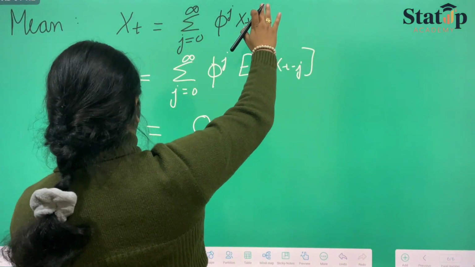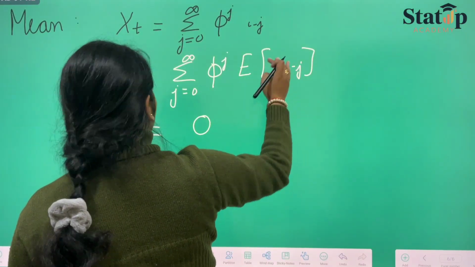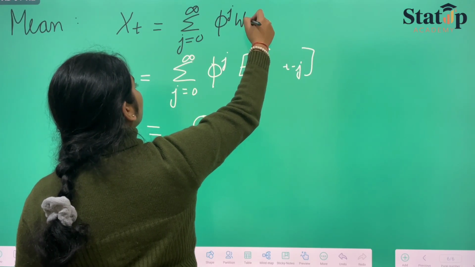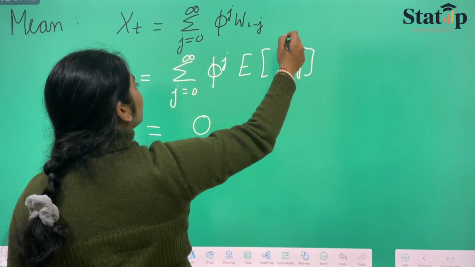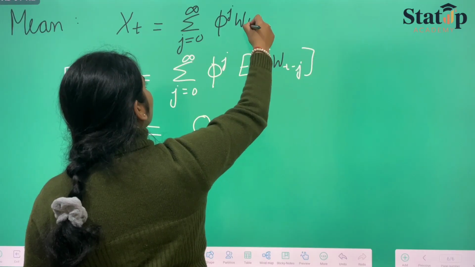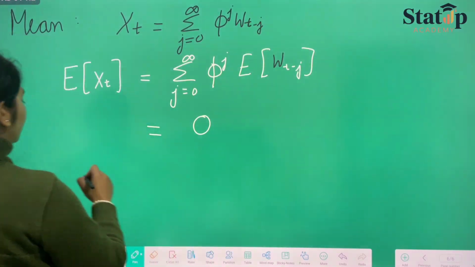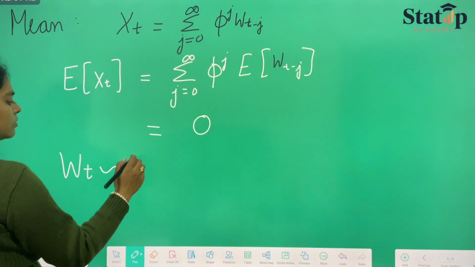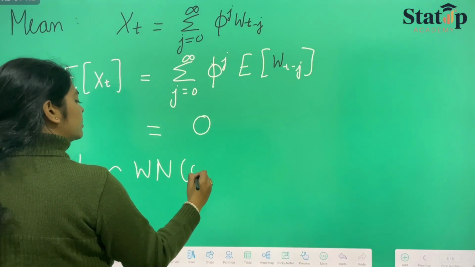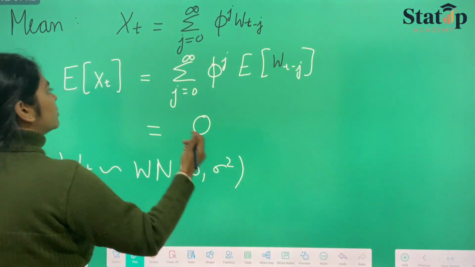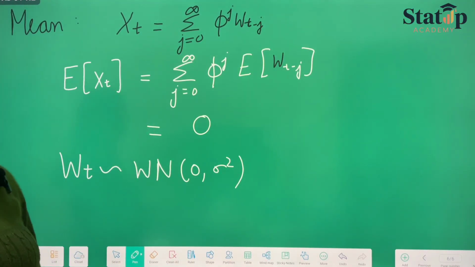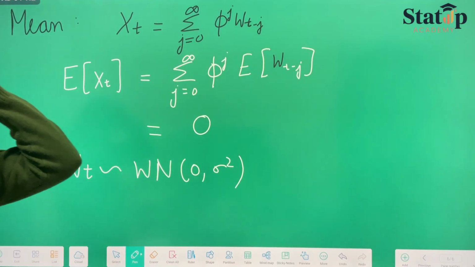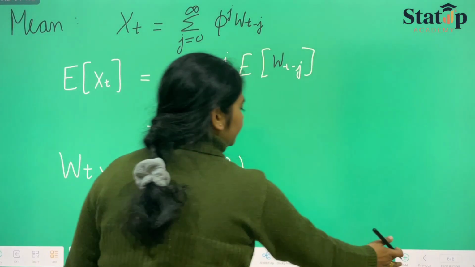Here, instead of x, it would be w. Since we know that w_t is white noise with mean 0 and variance sigma squared, the expectation of w_{t-j} would also be the same, which is 0.